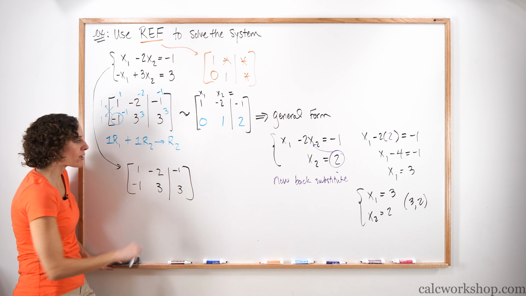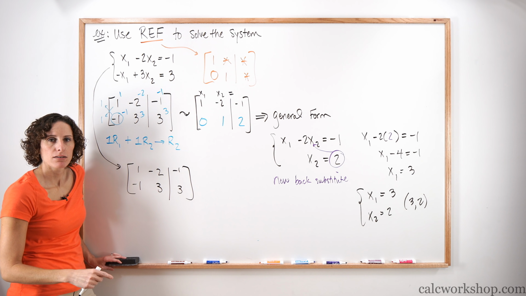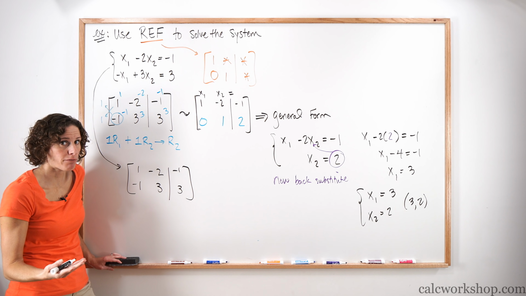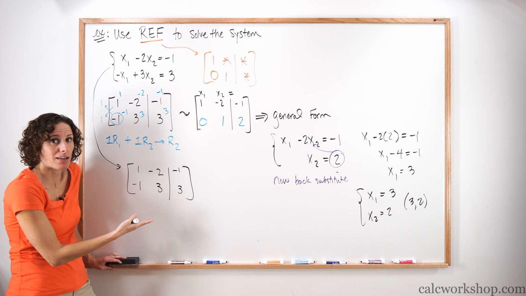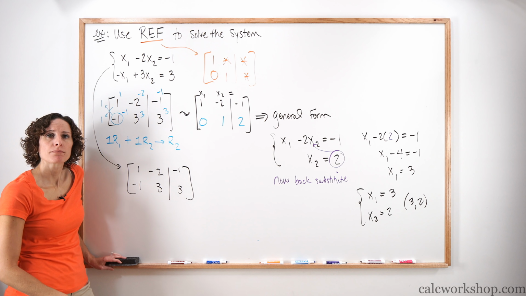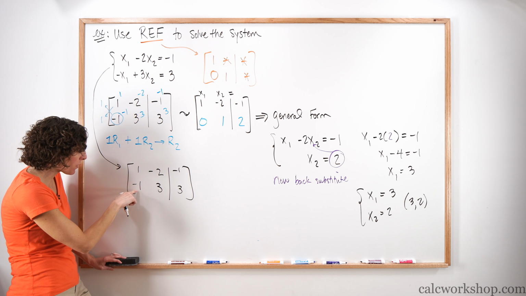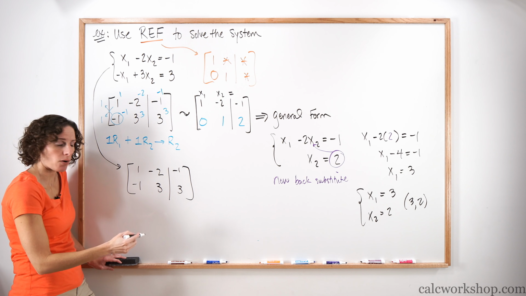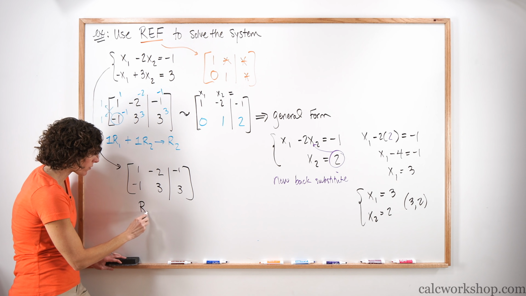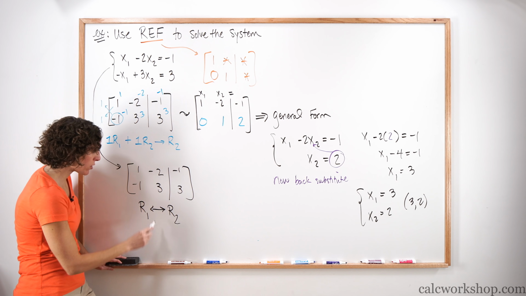Well, how come that row's on top and that row's on the bottom? Why? Well, it's because the textbook or the professor or I chose it that way. But it doesn't have to stay that way. I want to switch them because that's what I want to do. So we could switch. I want to take the second row and move it to the top row. I can say I want row 1 to switch with row 2.